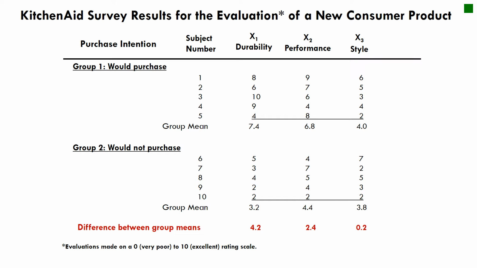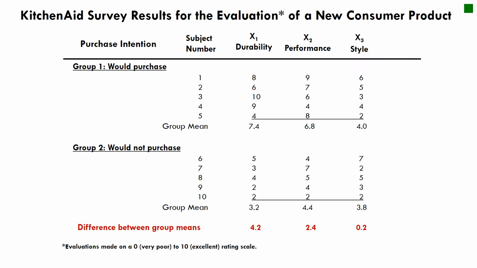The dependent variable would be like a dummy variable, they either would be in group 1 or group 2. So this is like a grouping mechanism here. And then there are 3 independent variables, durability, performance, and style, that combine to help predict whether the consumer would be in one group or the other.